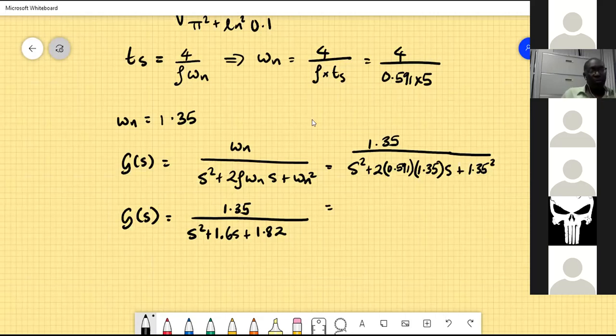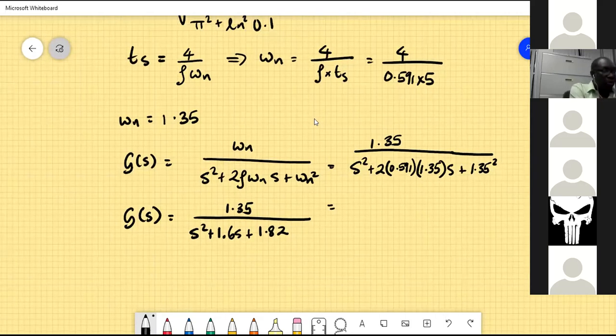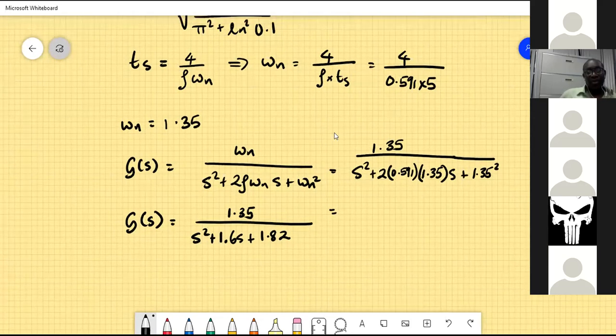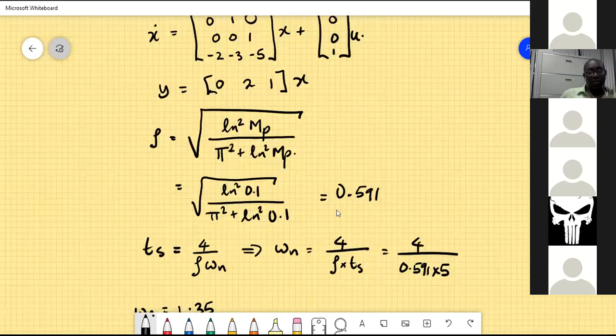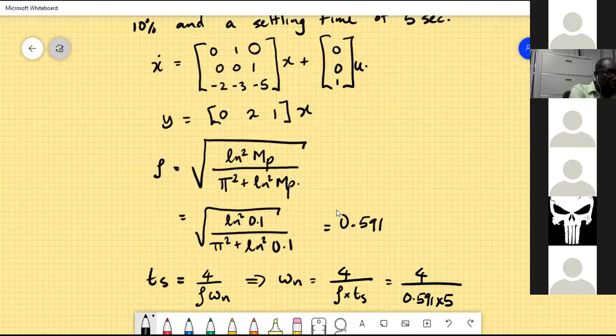So we're going to MATLAB after this. Our equation is A equal to 0, 1, 0; 0, 0, 1; negative 2, negative 3, negative 5, and B is 0, 0, 1, and C is 0, 2, 1.